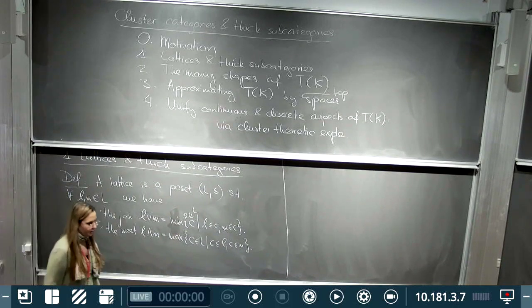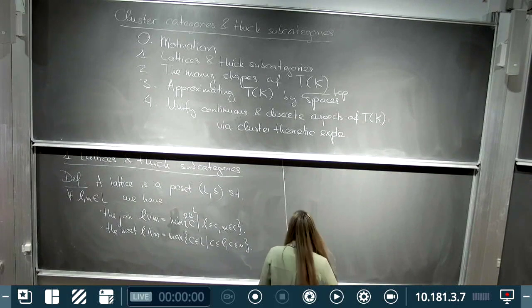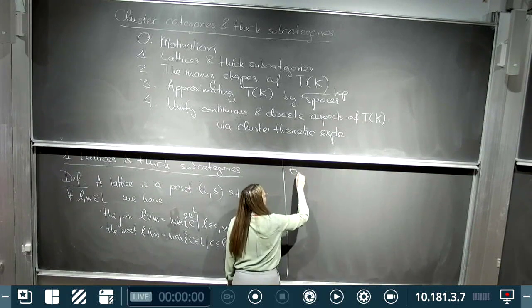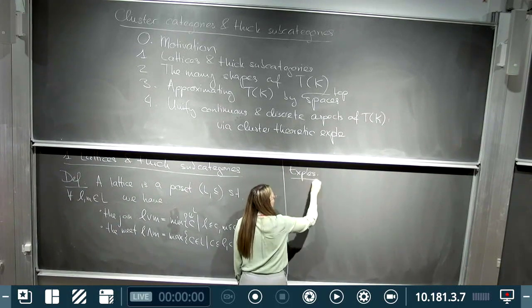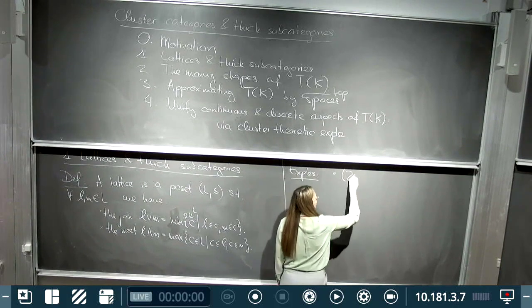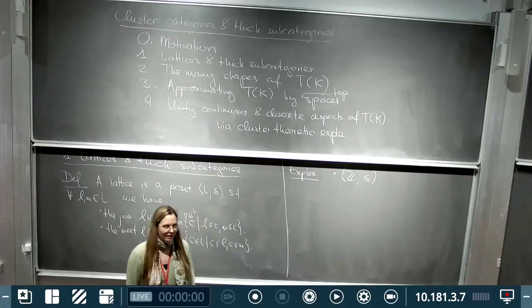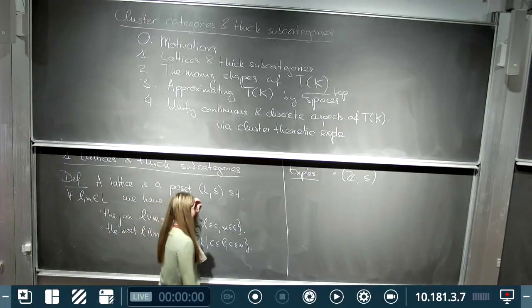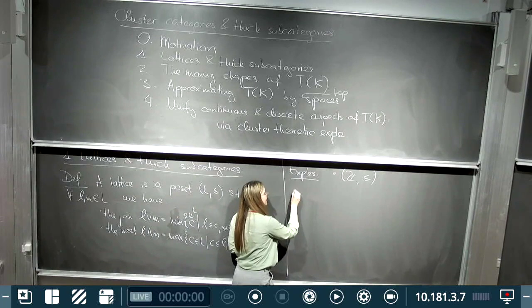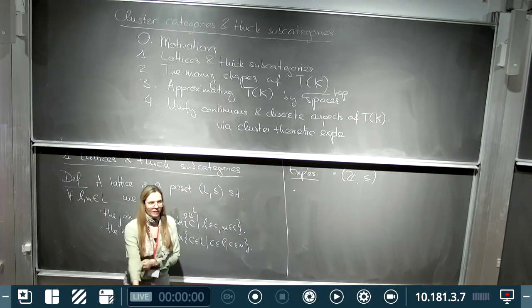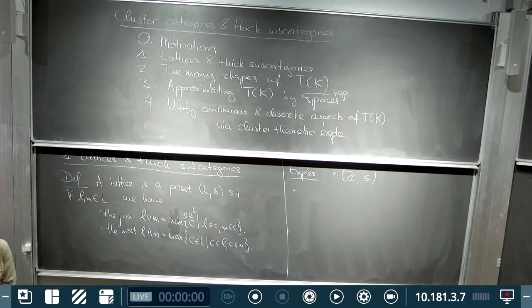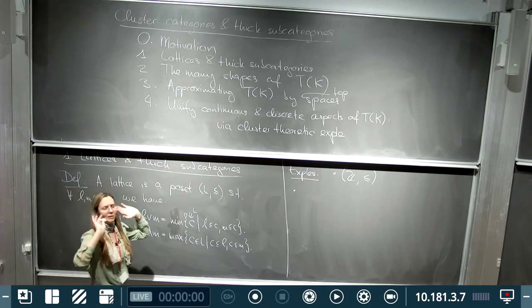We have, of course, examples. Well, any directed set is a lattice, for example, Z with the standard order. Then, if we have small lattices, we're going to write them as a Hasse diagram, where the elements of your lattice are just denoted by points, and then we connect them upwards if they are smaller or equal to the other one.